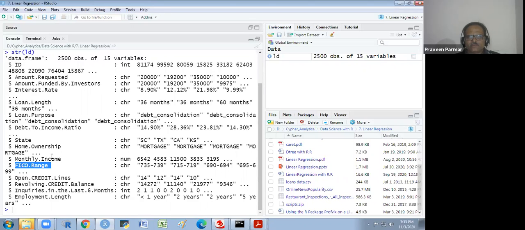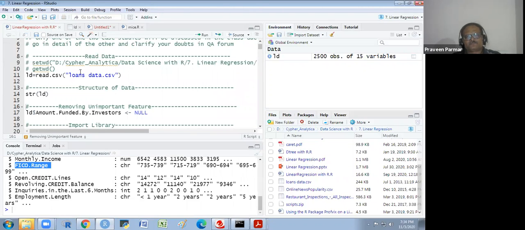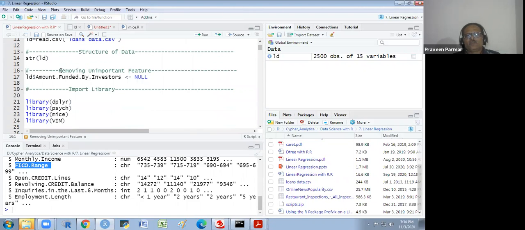First thing, we have done the activity of feature selection. So in the feature selection, you have seen that we have removed the amount funded by investor. Other features we are keeping. That feature we are removing. So that is a feature selection on the primary basis. Removing unimportant features, first thing.